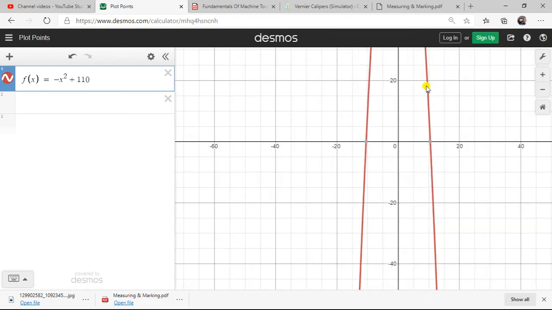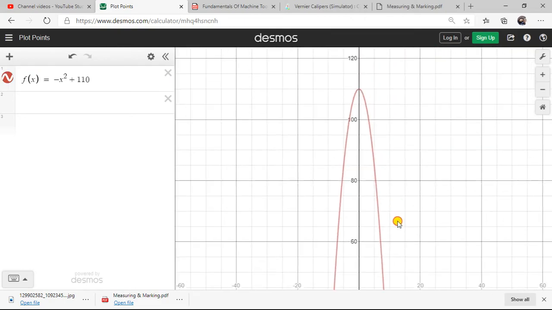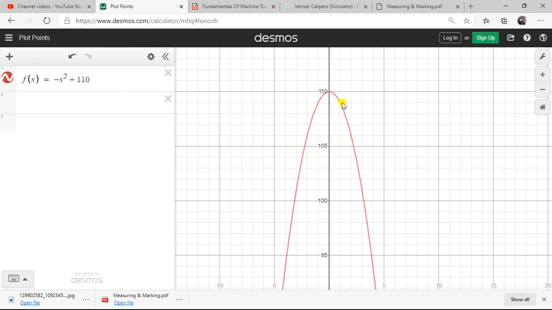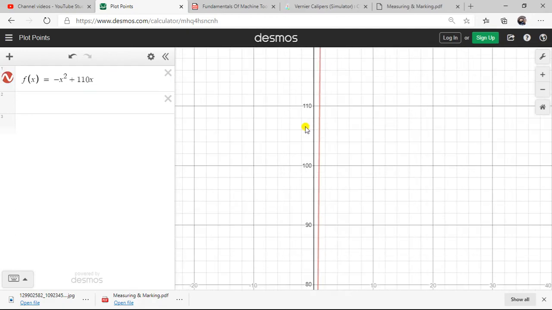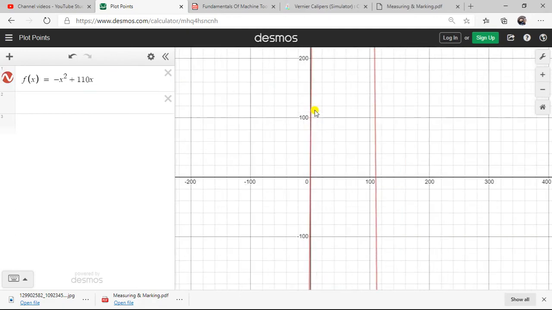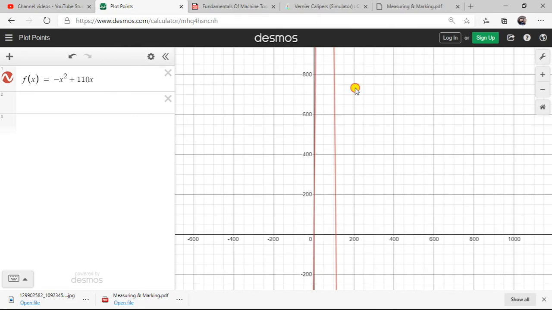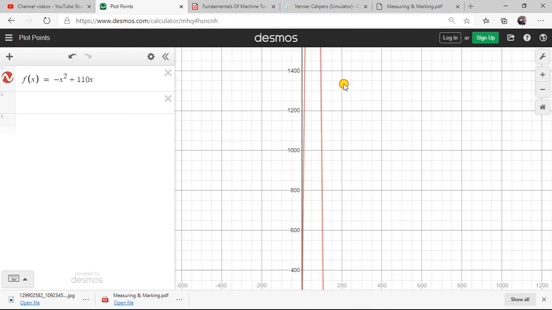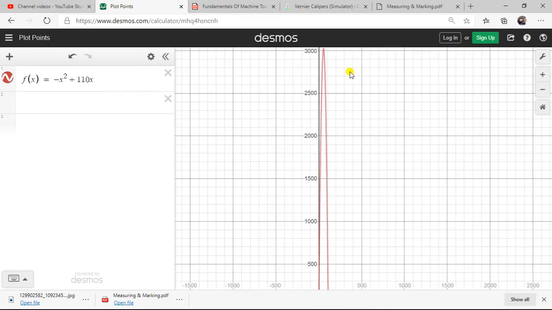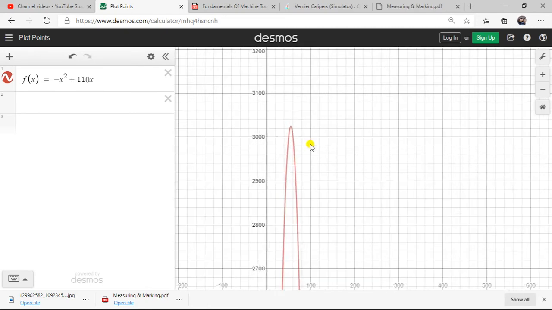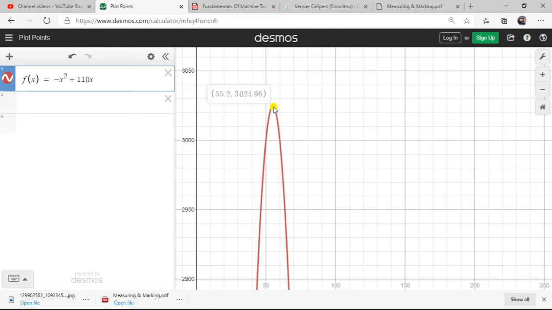So you notice that, okay, I'm so sorry, I forgot to put the x here. So negative x squared plus 110x. Then we zoom out somewhere here. So there it is, and the vertex shown is 55 and 3025.